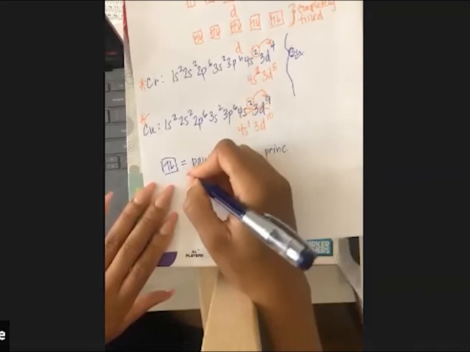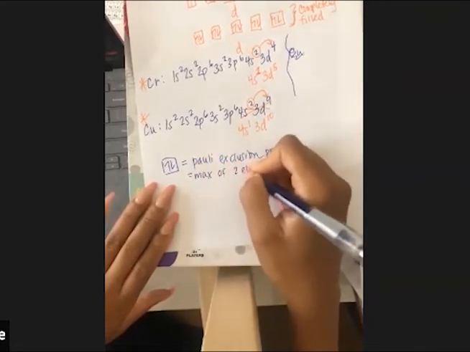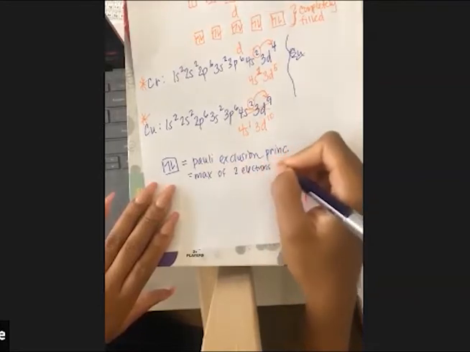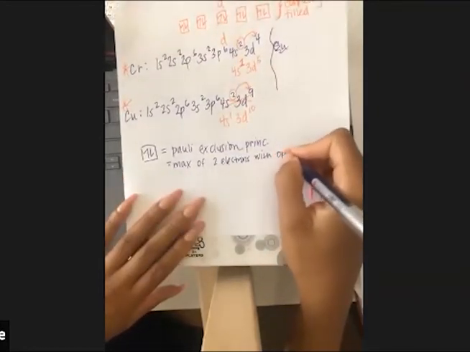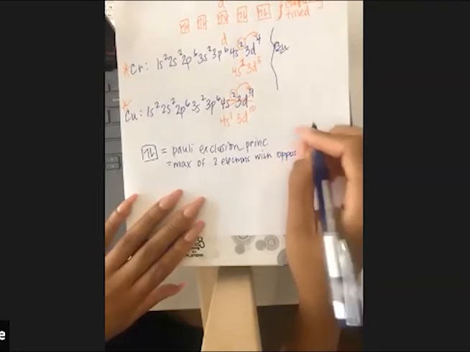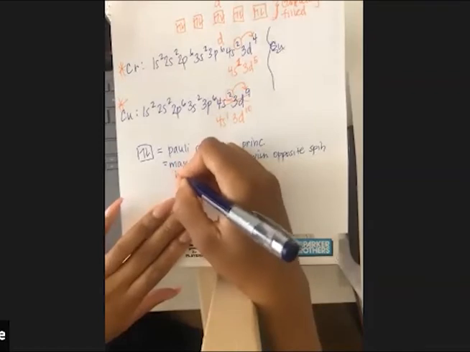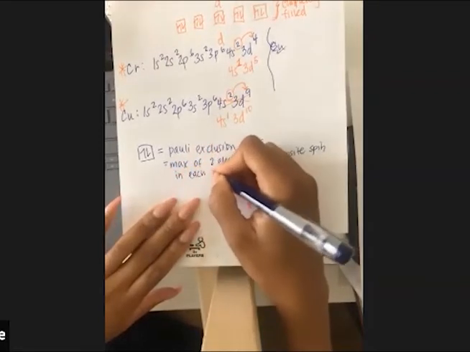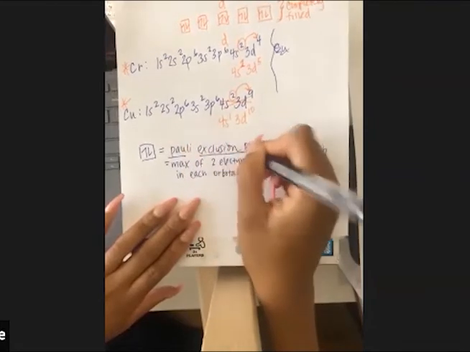And just in case it comes up, max of 2 electrons with opposite spins in each orbital. Pauli exclusion, there we go.